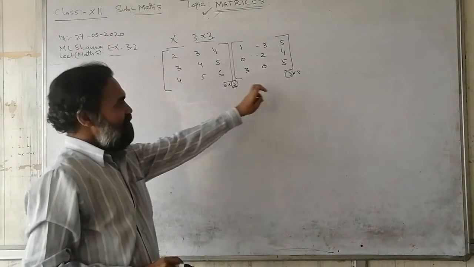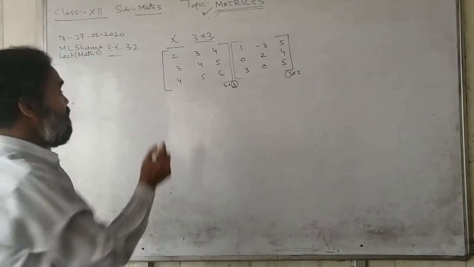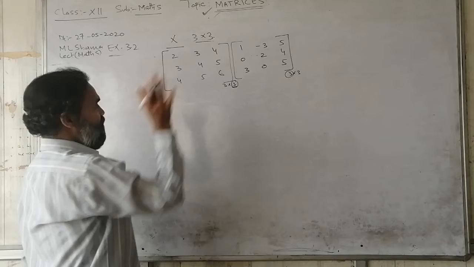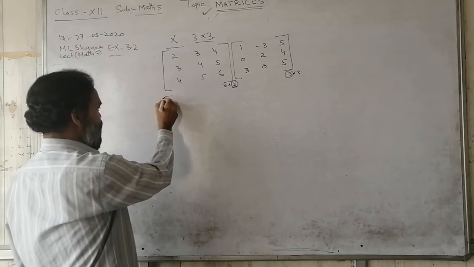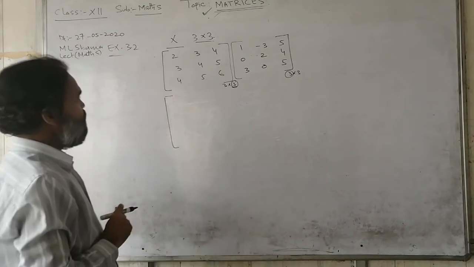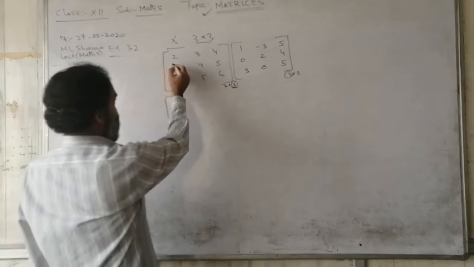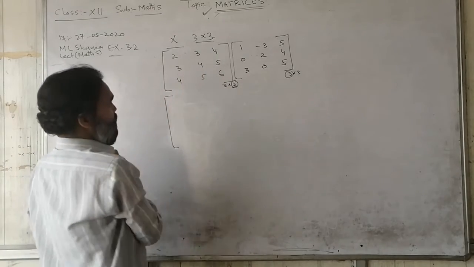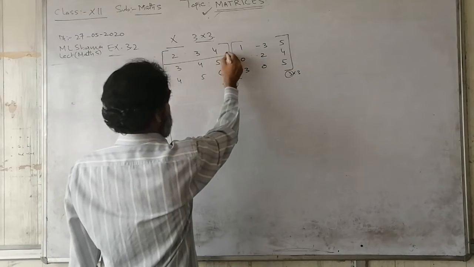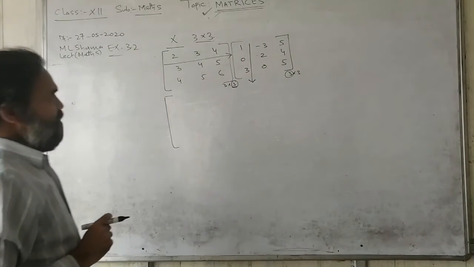The number of columns and rows are equal, so we can multiply. After multiplication, we will again get a matrix of the same order.